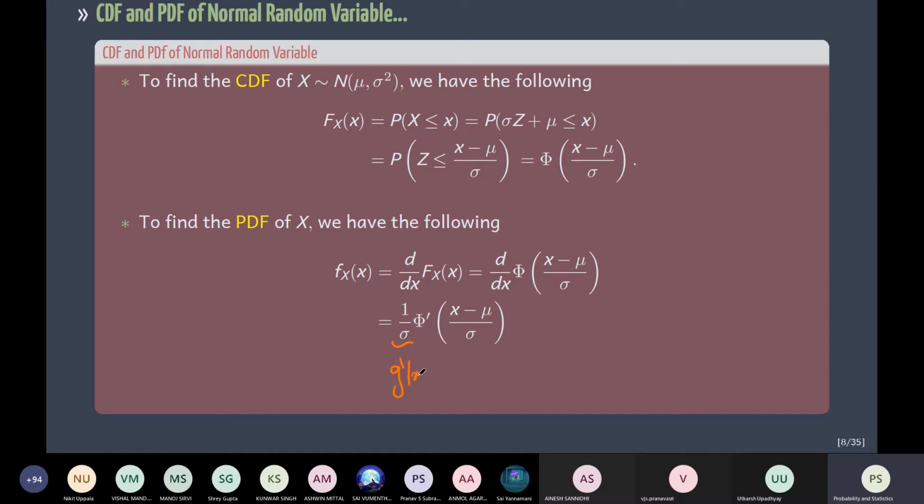So this was our g prime of x, 1 over sigma is there, right? And we know that phi prime will be like this, and this is z, because x is sigma z plus mu.